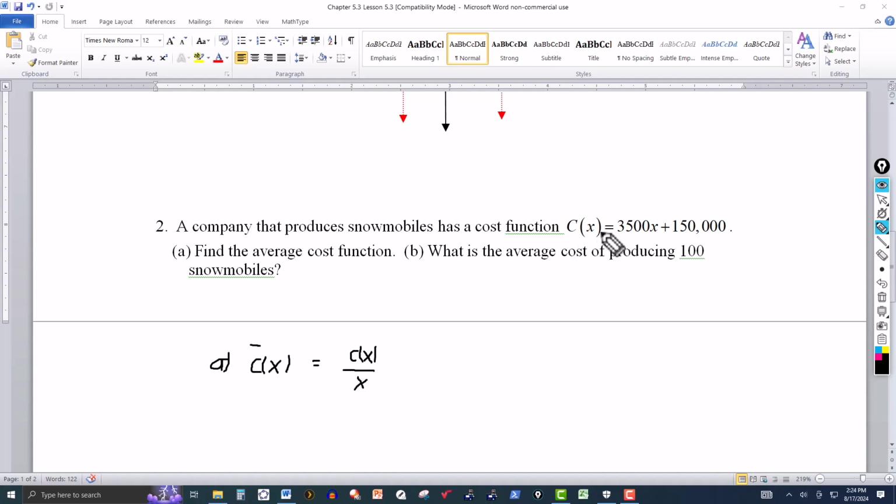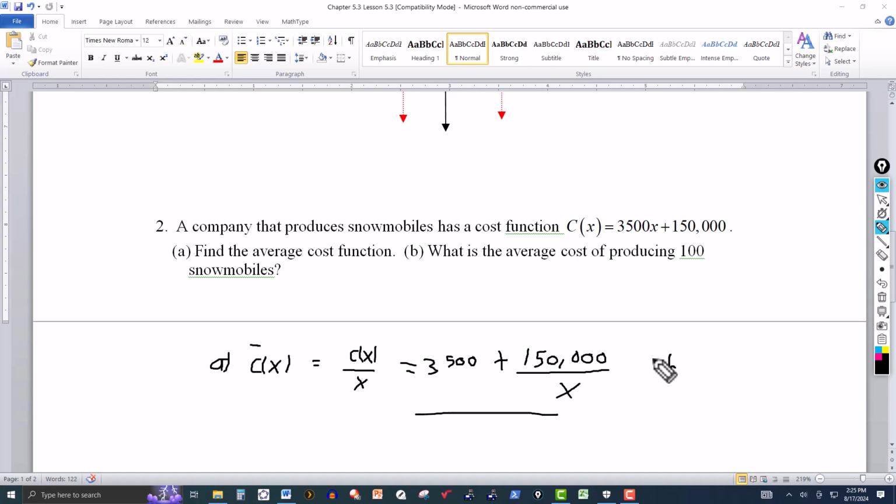So the average cost function will be given by 3,500 divided by x. The x cancels there. This will be 150,000 over x. So that's the answer to part A. Your average cost function is cost over x. We get this right here.